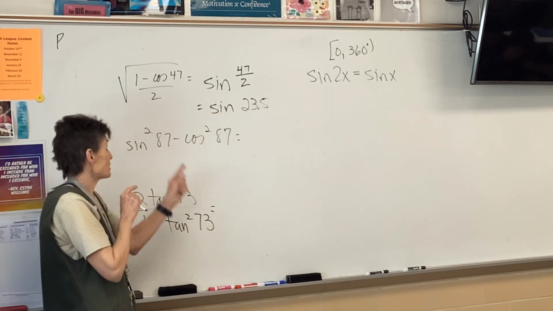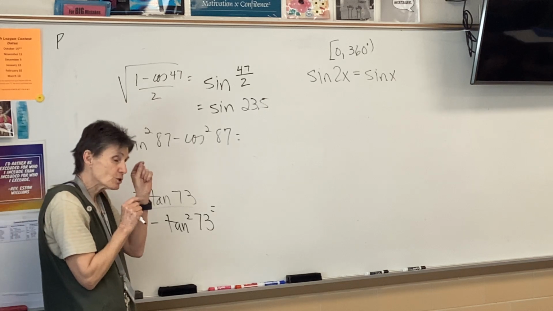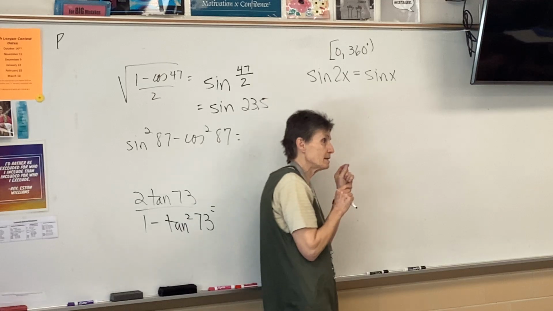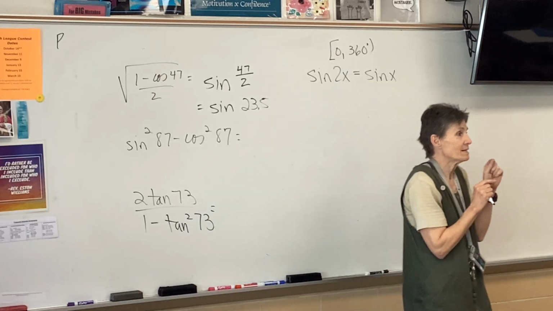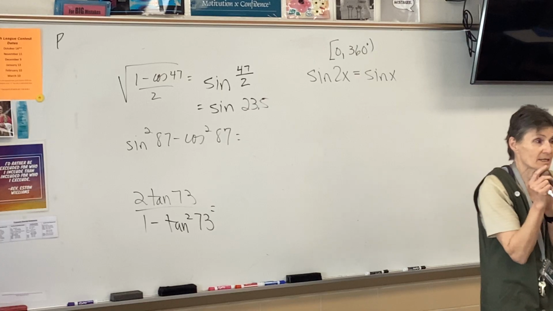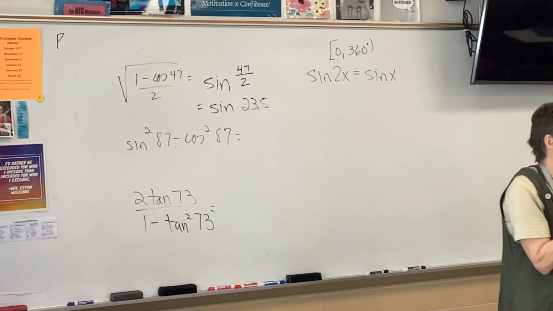Now, this one is a little bit tricky. If you look on your sheet, I don't think you see sine squared minus cosine squared. But you see cosine squared minus sine squared. So it's negative.